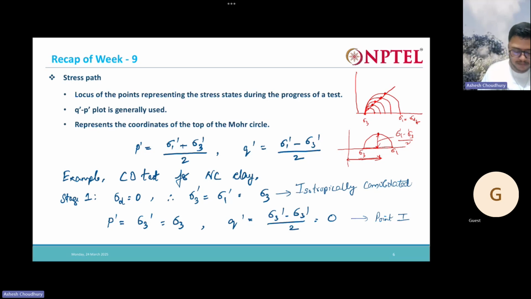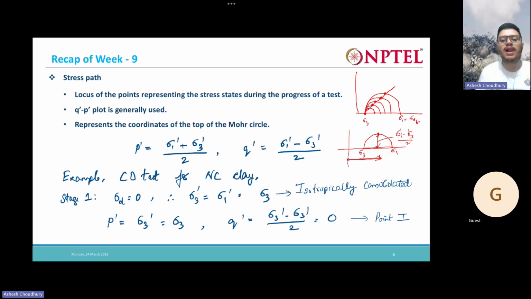Now let us see an example: a CD test for a normally consolidated clay. For the first stage, my deviatoric stress is 0. Then we apply the confining stress and isotropically consolidate. Whatever consolidation we have spoken about so far was isotropic only; we did not discuss other processes.